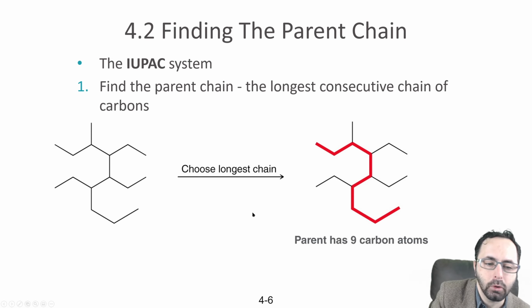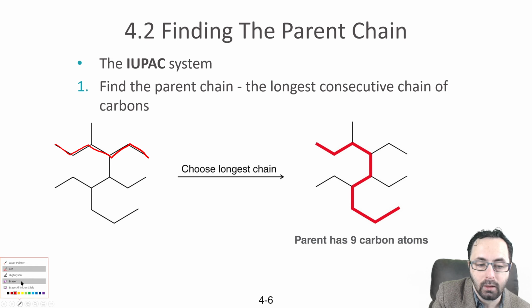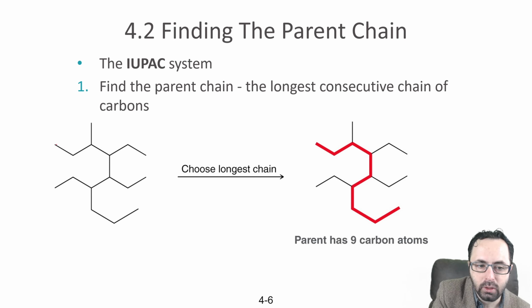So for example, the longest chain would not be this one, 1, 2, 3, 4, 5. We can do better than that. We can go longer than that. So you have to kind of guess and check a little bit and find the longest structure. In fact, the longest structure is this one shown here.